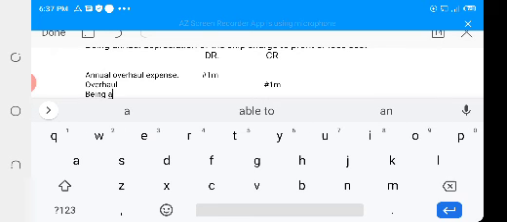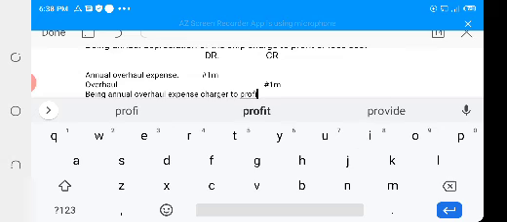Being annual overhaul expenses charged to profit or loss account.